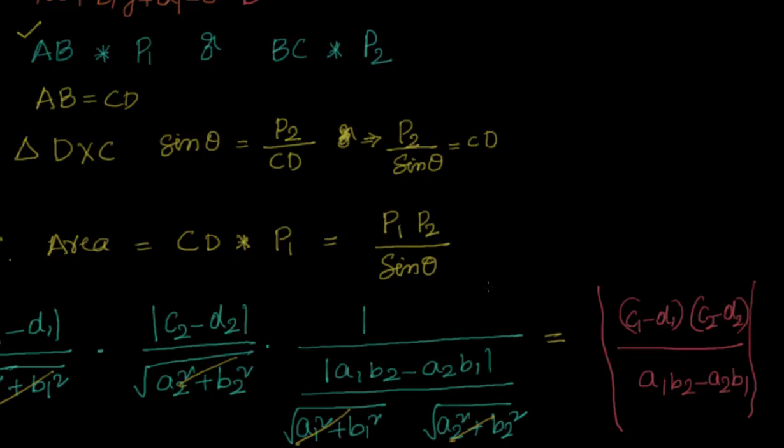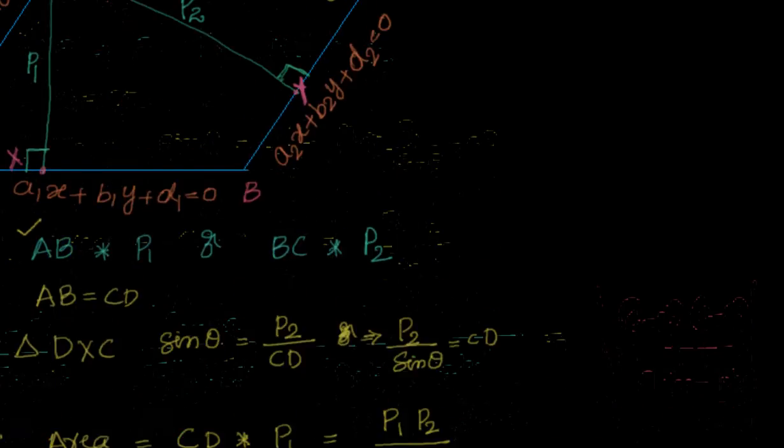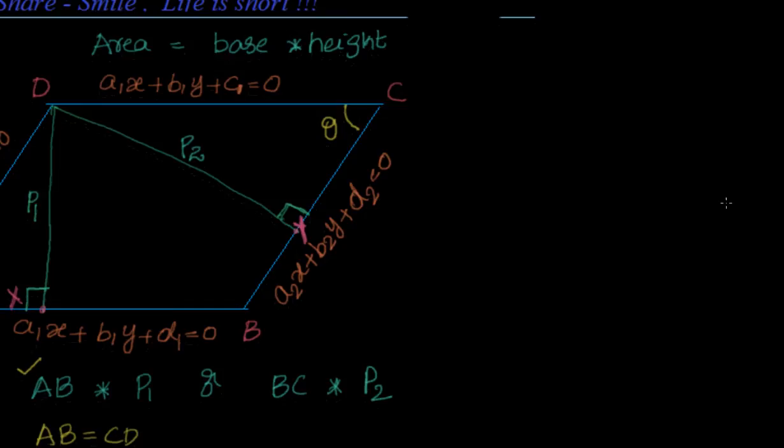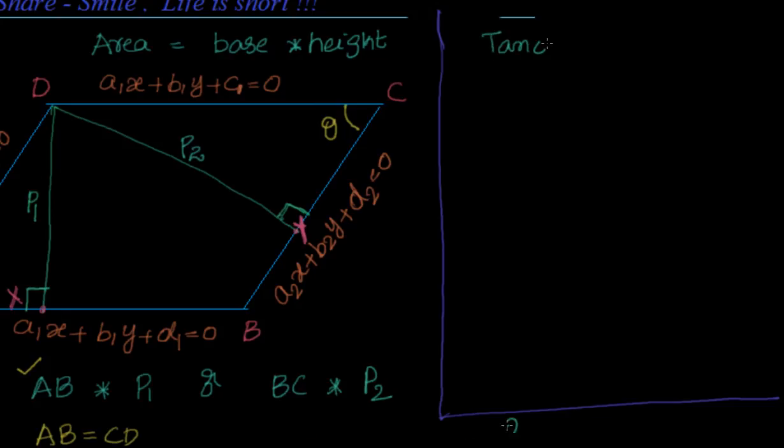Now let us see how we got this sine theta value. If you remember, we said tan theta is the angle between two straight lines. So let me write it down here. Tan theta equals m1 minus m2 by 1 plus m1 m2.